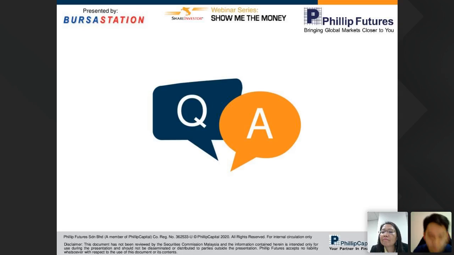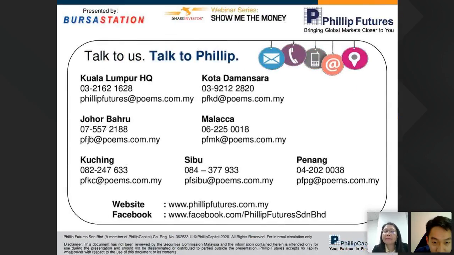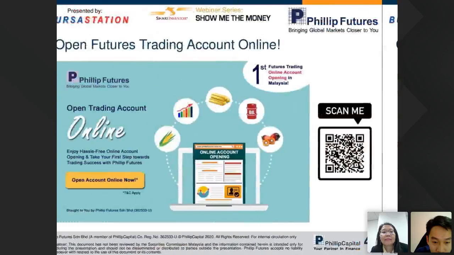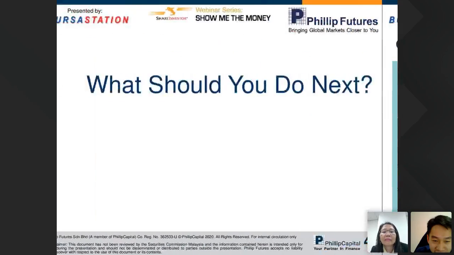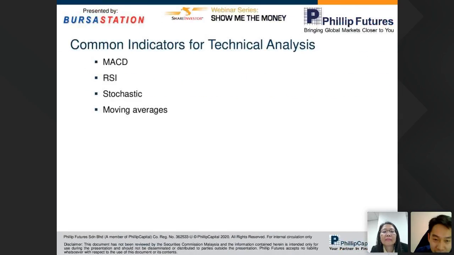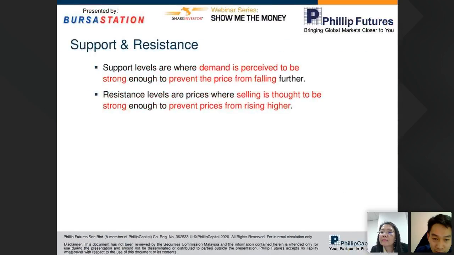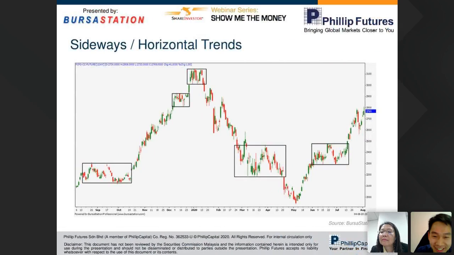Currently FCPO is actually sideways. If you notice, those of you who are trading FCPO, it's on a sideways. Because price has been going up for a few months, I would be more interested in the resistance rather than the support in this case.